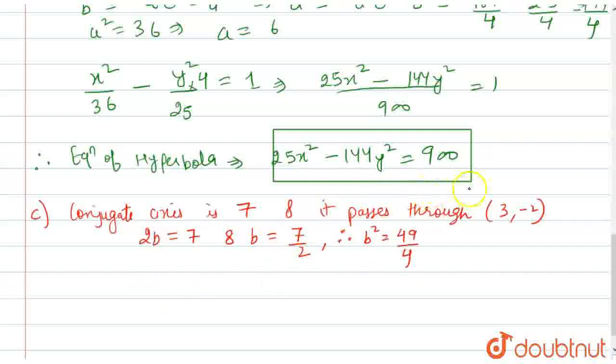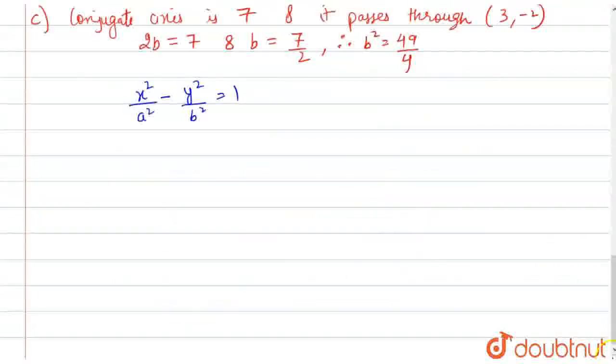As the hyperbola passes through the point 3 comma minus 2, so it will satisfy the equation, that is x square divided by a square minus y square divided by b square is equal to 1. Putting the values, x square will be 3 square, that is 9, divided by a square that we have to find, minus y is minus 2, that will be 4, divided by 49 by 4, that is equal to 1.